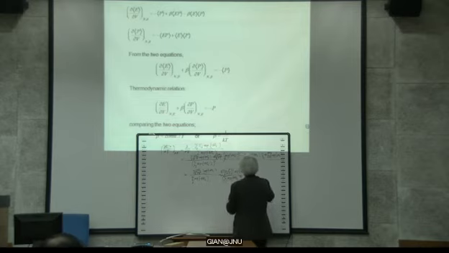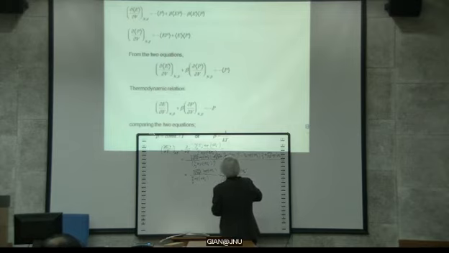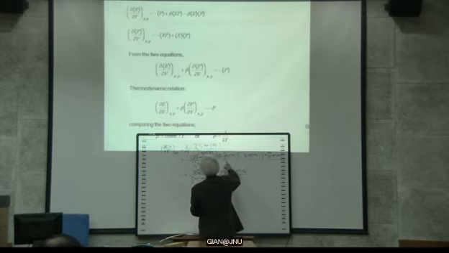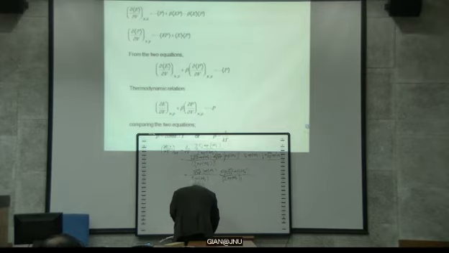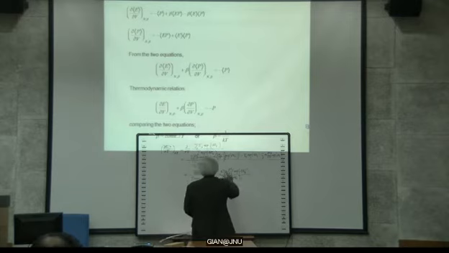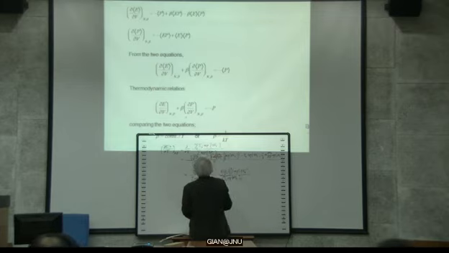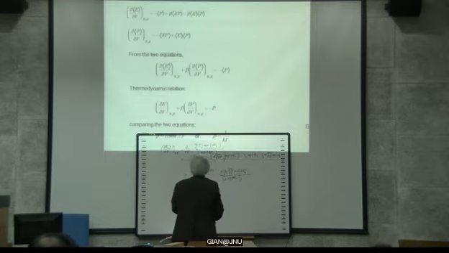Okay, and in this case, this one is inside of the sum over j, E_j exponential beta E_j.